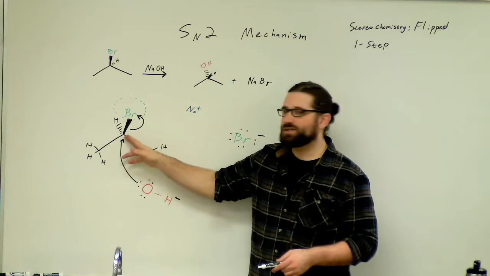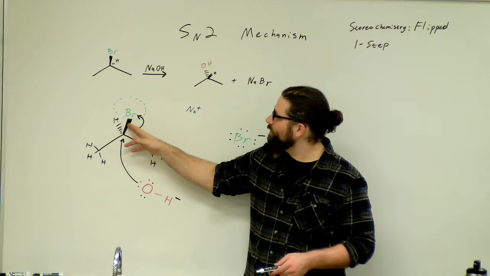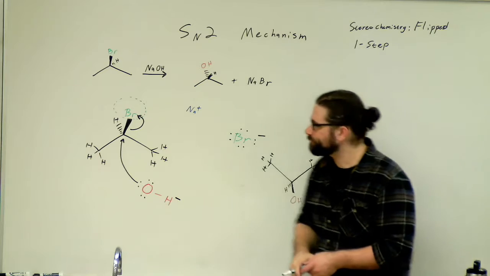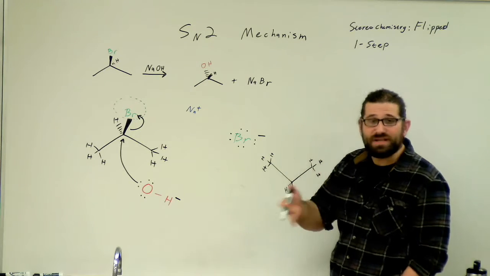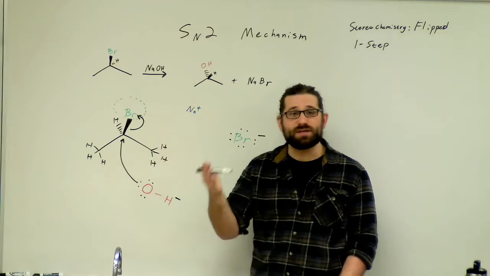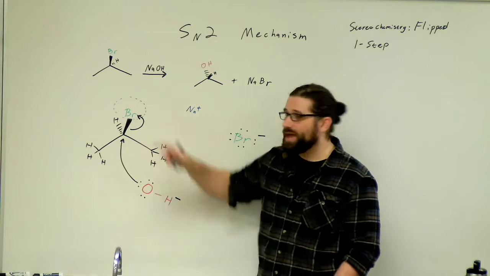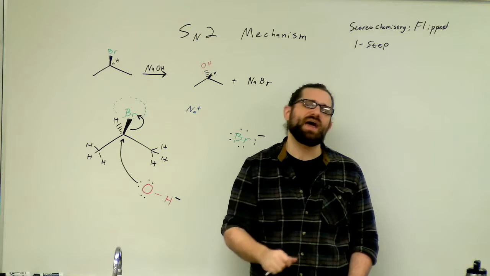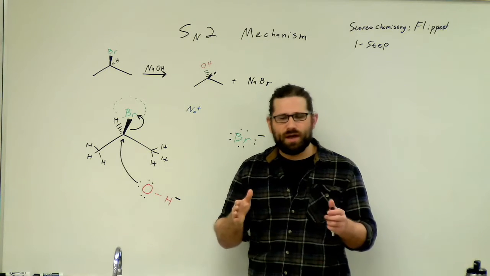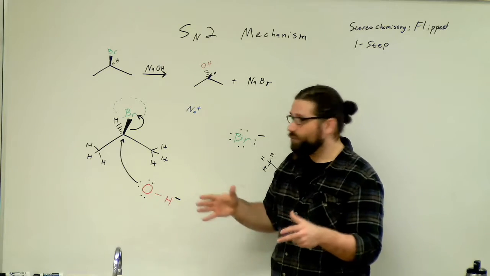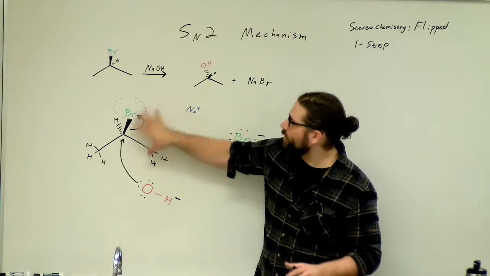This pulls the attention of the carbon away, releasing this bond. All right? So with that said, we really do kind of have an intermediate moment here where the carbon can be said to be attached to both the hydroxide and the bromine. So let's draw that out. Let's draw what that looks like. And in the process, we'll look at how we model these the way that you'll actually do it, not drawing out all of the hydrogens.